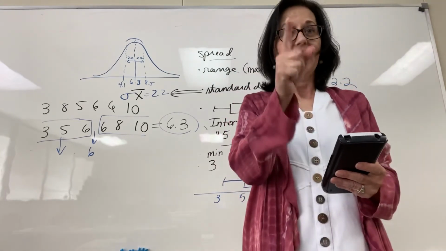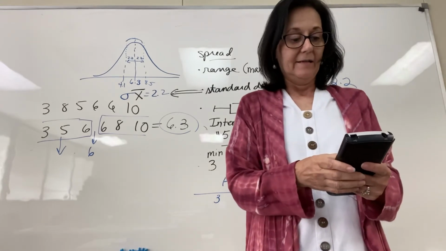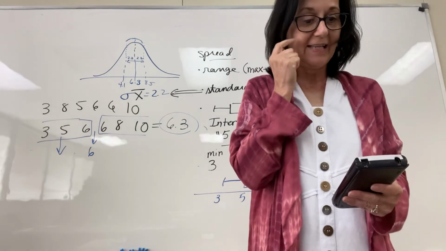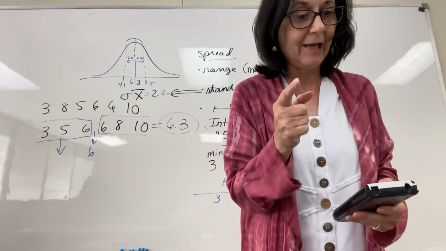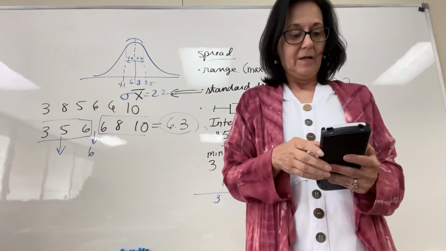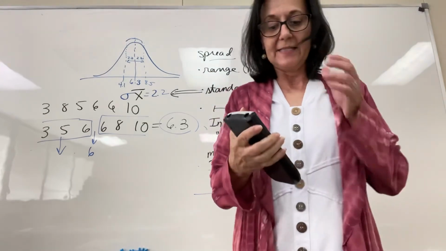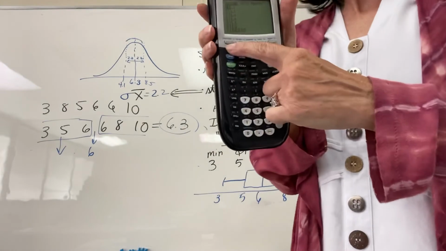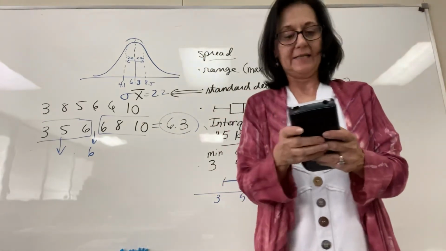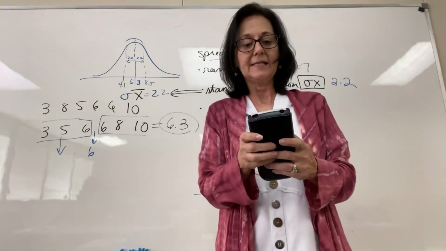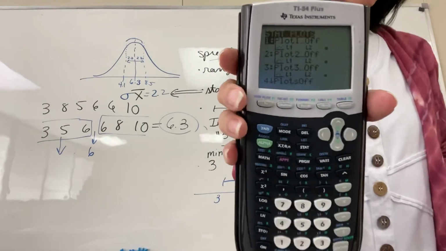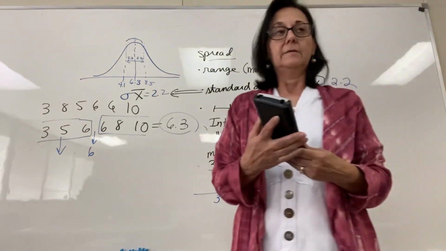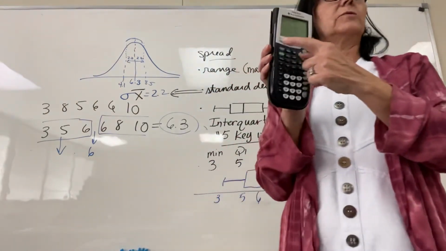Second stat, yeah, it is second. So it's second stat plot, which is the y equals. See, I gotta get this right in my brain. Second stat plot. And then you should have stat plots, right? Wait. What is it called? Second y equals.